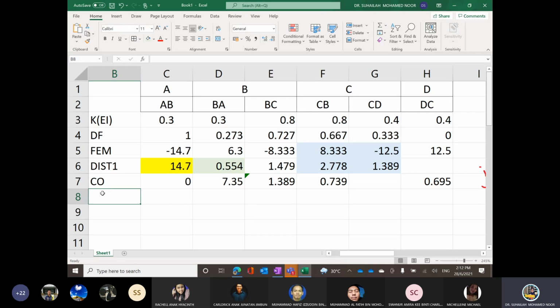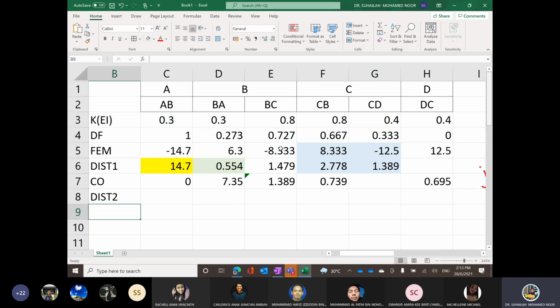After that we continue with the second distribution. We must repeat this process again and again until the last distribution reaches 0. So we just need to copy.